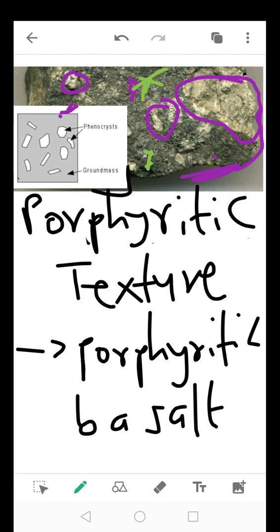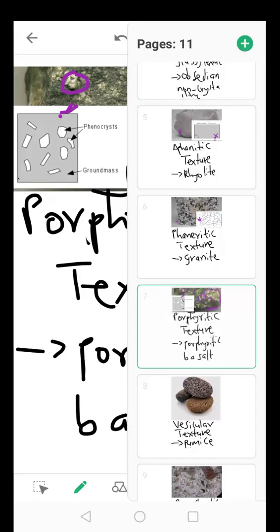Or in simple terms, this porphyritic texture is a mixture of aphanitic and phaneritic. So this texture is well seen in porphyritic basalt, but do not forget that it was formed by mainly two stages of cooling: slow cooling that gave the crystals enough time to grow, and then faster cooling that gave the crystals less time to grow.